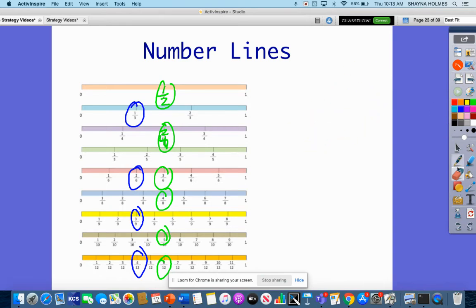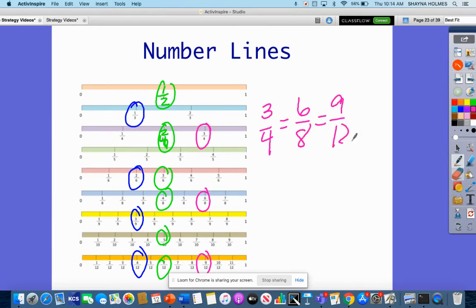Okay, I'm going to pick another color. Let me erase this. Let's see, what about 3/4? We have 6/8 and 9/12. So 3/4 is equal to 6/8, which is also equal to 9/12.